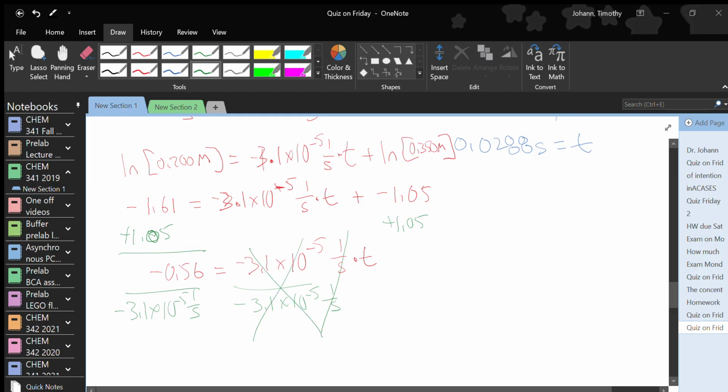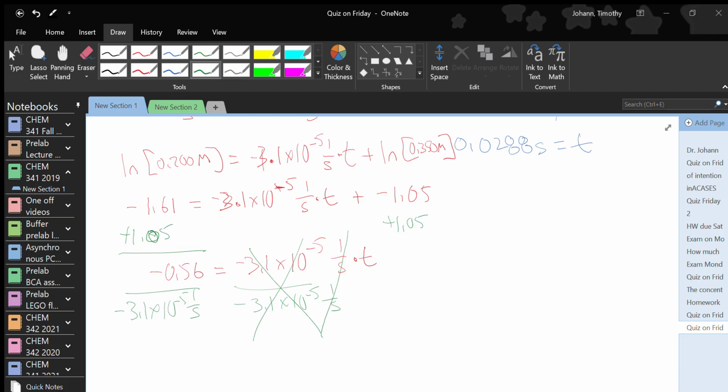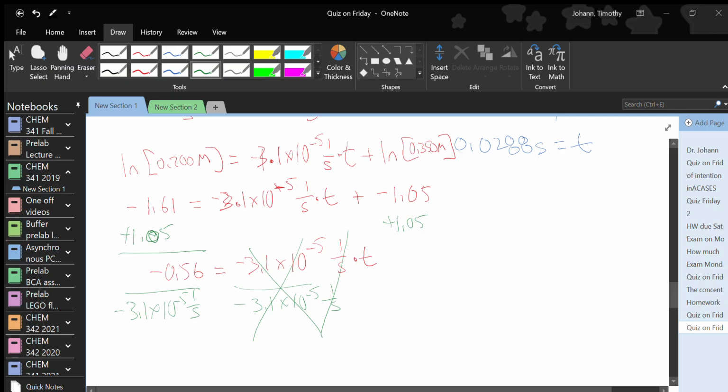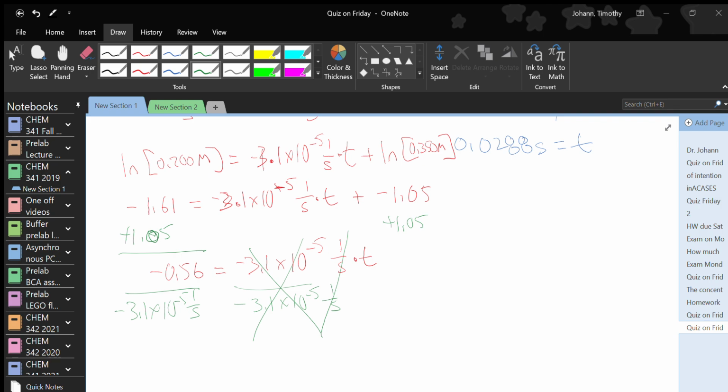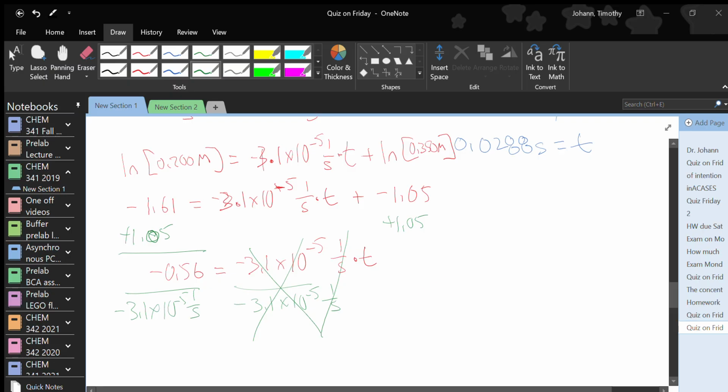In terms of units, I'm going to have seconds on the bottom of the bottom, which is the same as having seconds on the top. So what have I got? 0.56 divided by 3.1 times 10 to the negative 5th, and I get 18,100.